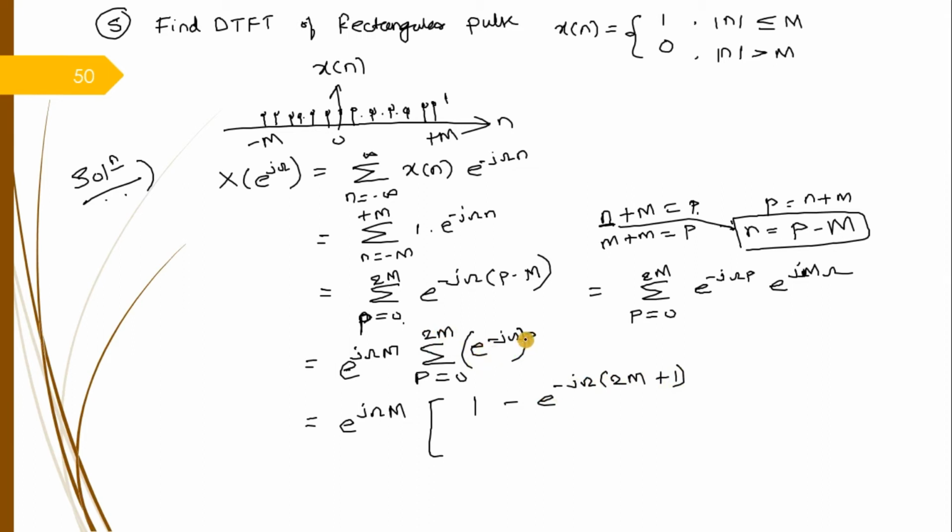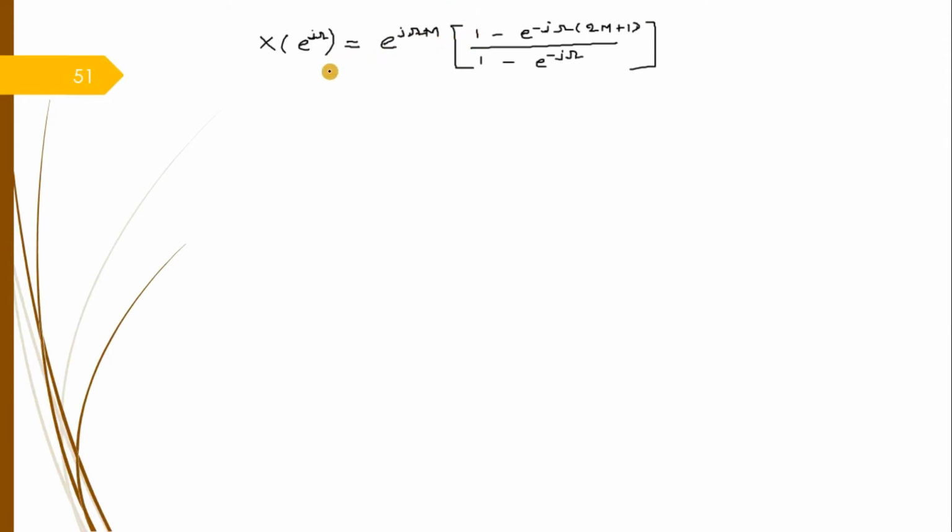So this is like summation of alpha raised to n, and there is a standard formula: 1 minus alpha raised to the maximum upper limit plus 1, divided by 1 minus e raised to minus j omega. That's it. So this is one intermediate form. Then we will proceed in this manner. The same equation I have written here. Now from now on we will proceed with the further things.